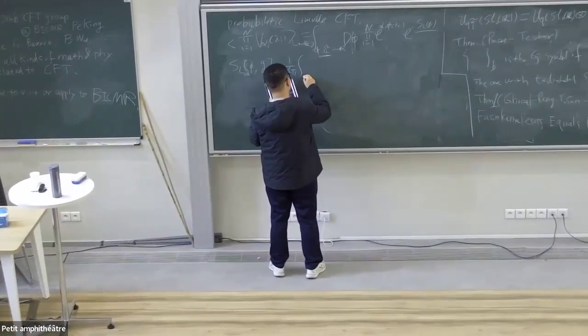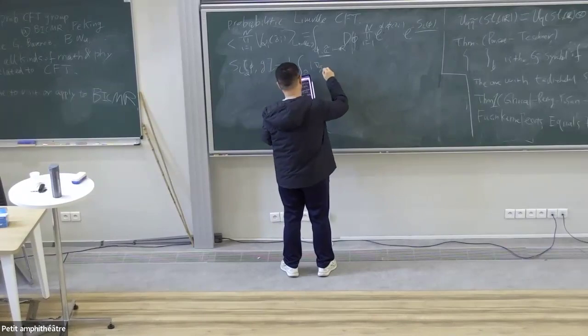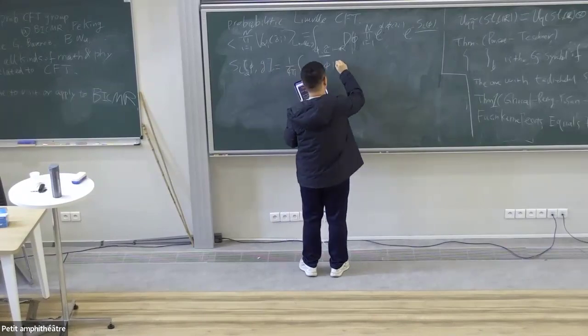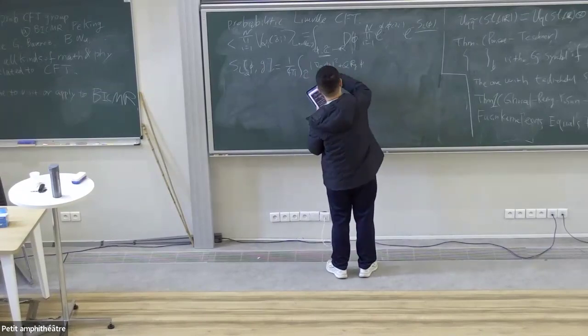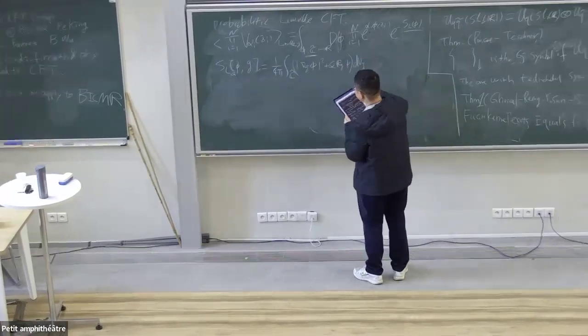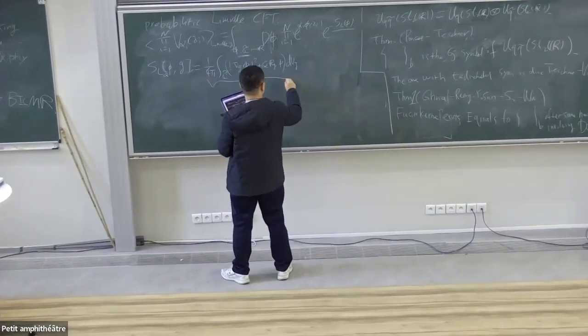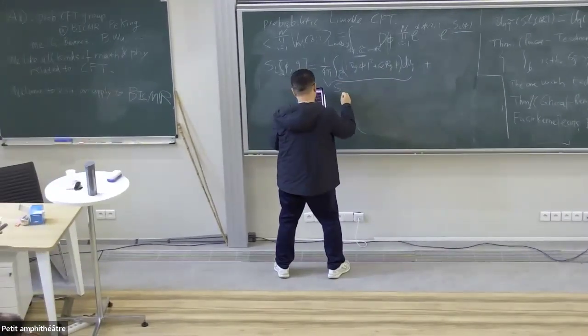So I will write it into two parts. One part is the free field. This is the free field part. I will use a new notation for this.